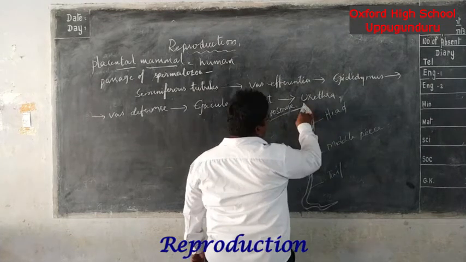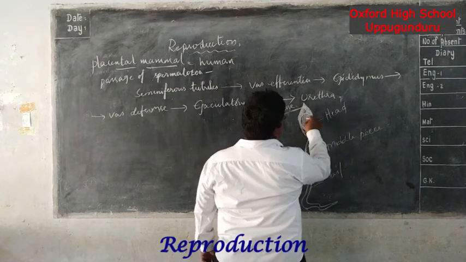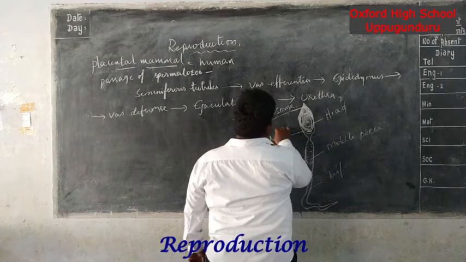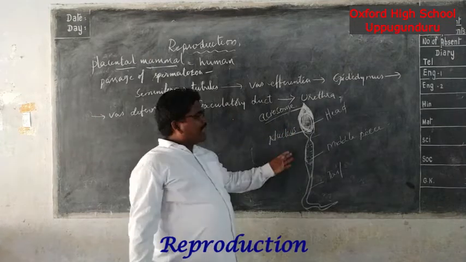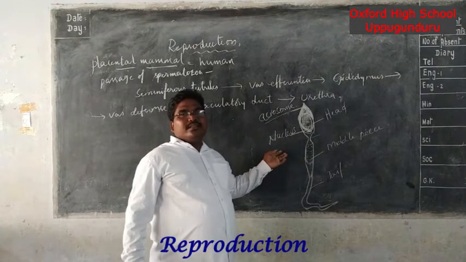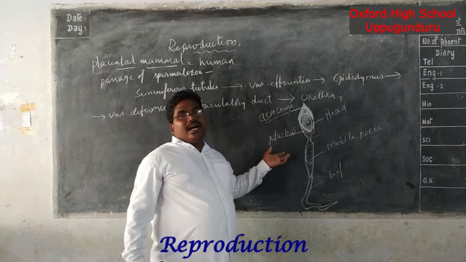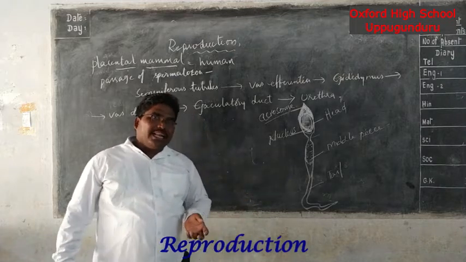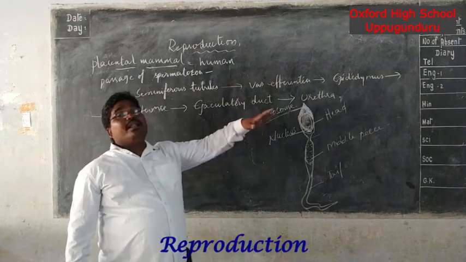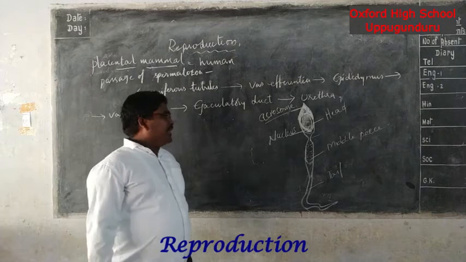In the middle of the head there is a nucleus. So this is the nucleus. At the center of the head there is a large nucleus which fuses with the female nucleus during fertilization.